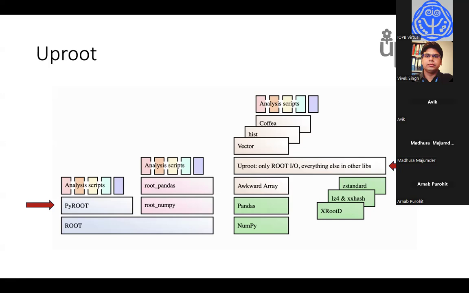Another downside of uproot, obviously the first one, is that it does all the manipulations in Python, and it can be slower, as we have already seen. Whereas PyROOT uses the C++ classes of root, which means it is much faster. But obviously uproot tried to improve that by using awkward arrays. As I said, awkward arrays are kind of like NumPy arrays, but at the back end they use C++ to manipulate the arrays.